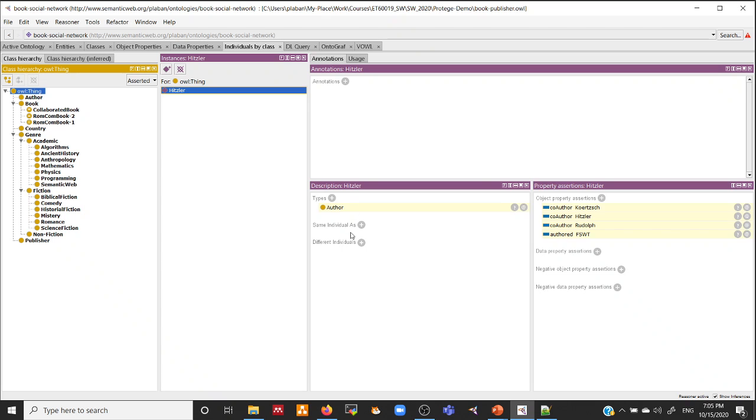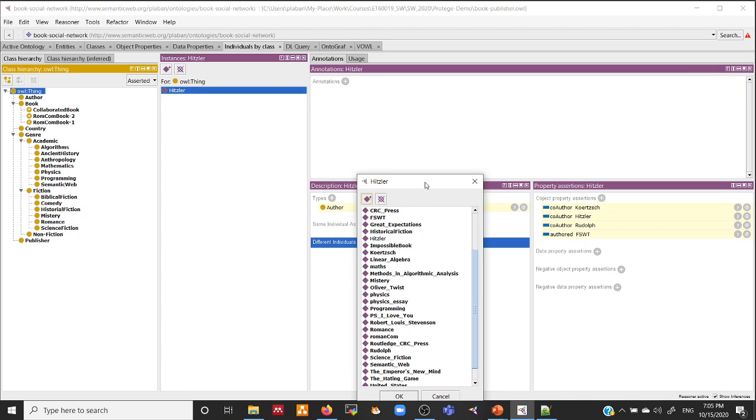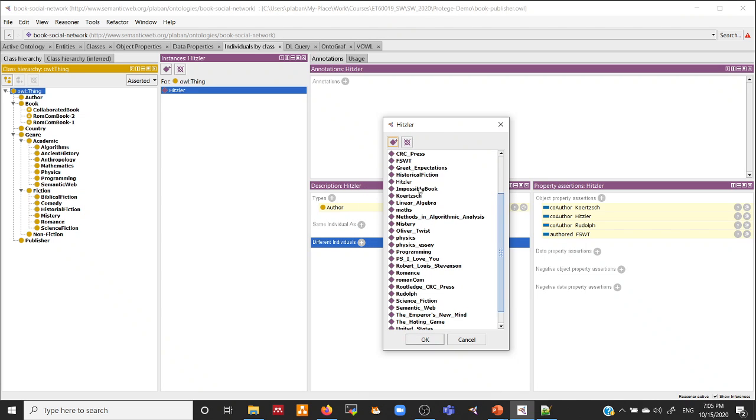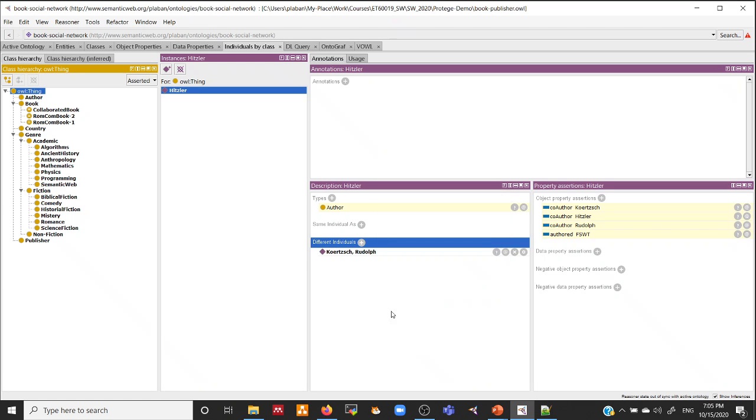To ensure that, we should assert this different from definition. So we say Rudolph and Coates are different individuals than Hitzler, and if we do that, the same thing will happen to Coates. There we'll see that Rudolph and Hitzler are different from Coates, and for Rudolph it will be similar.